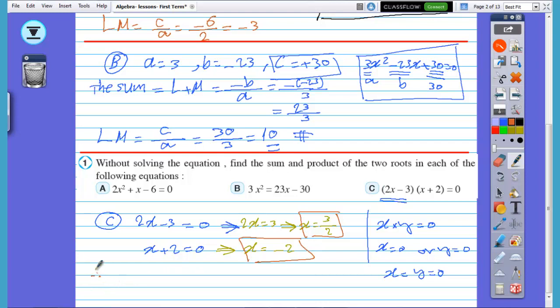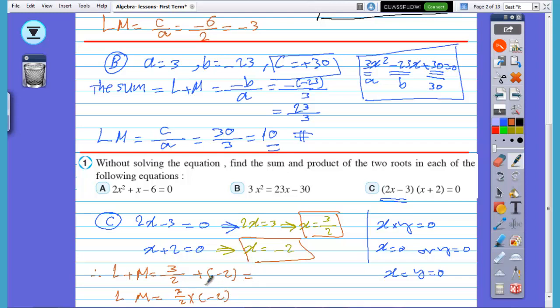So the sum of the two roots, L plus M, equals 3/2 plus -2, and the product LM equals 3/2 multiply -2.